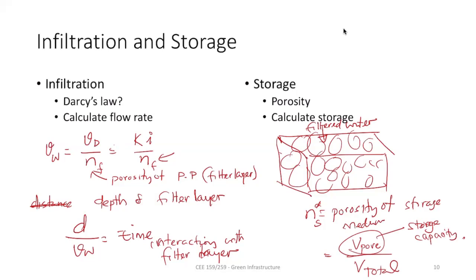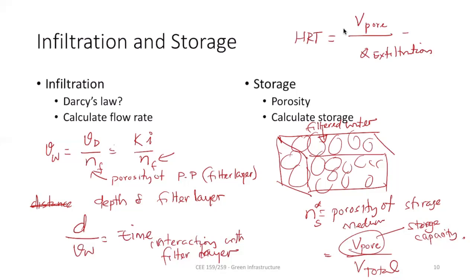So if somebody asks what the hydraulic retention time is, or how long the stormwater stays in the system before it leaves, then that time, HRT, is the volume of pores divided by the exfiltration rate, Q exfiltration. It's how quickly you are letting the water leave the system.